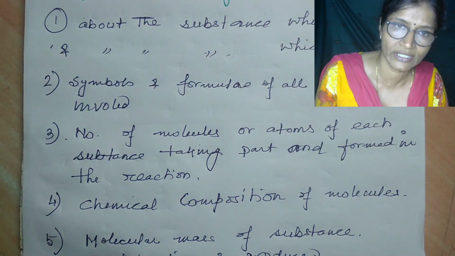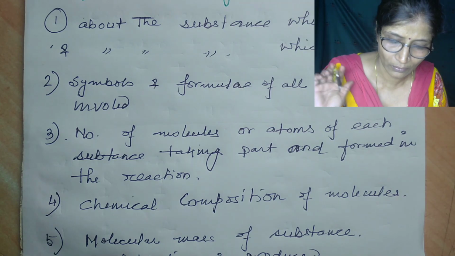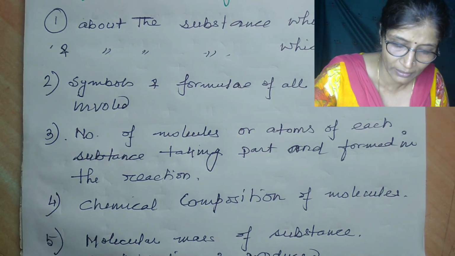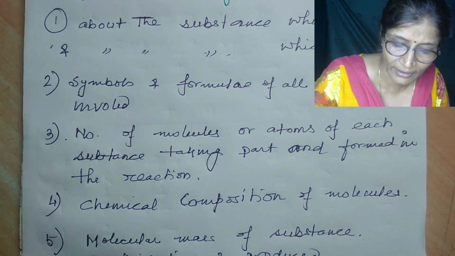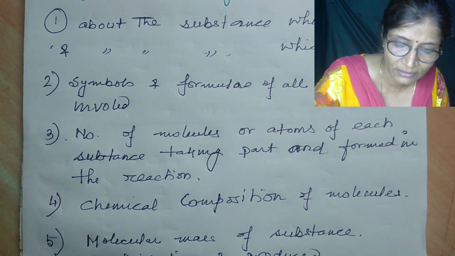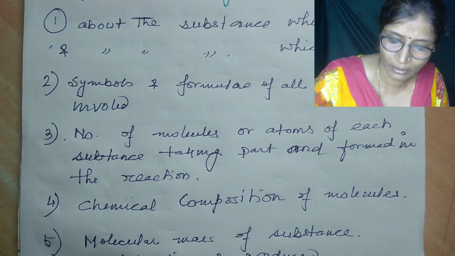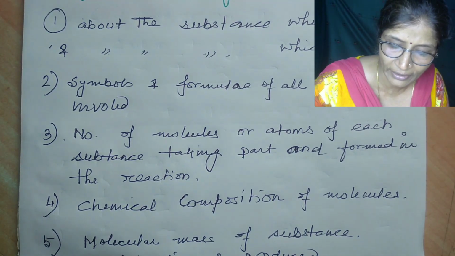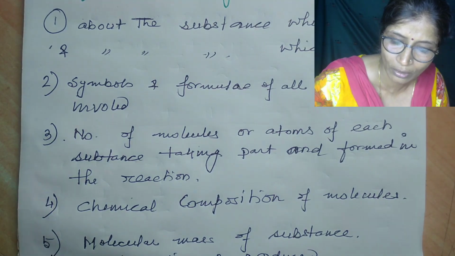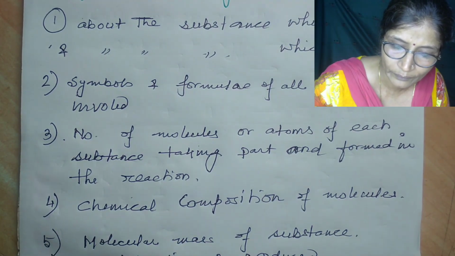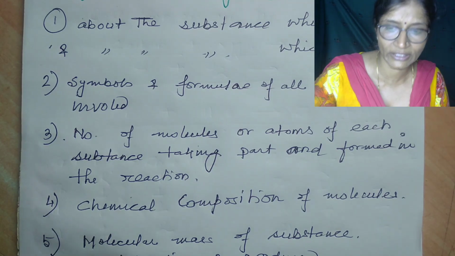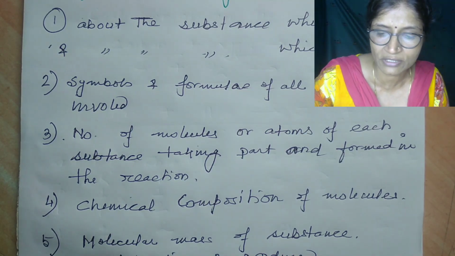You know that acid reacts with base, gives salt and water. So I am writing here sodium hydroxide reacts with sulfuric acid and gives sodium sulfate, Na2SO4, plus water. So sodium hydroxide reacts with sulfuric acid, gives sodium sulfate and water.